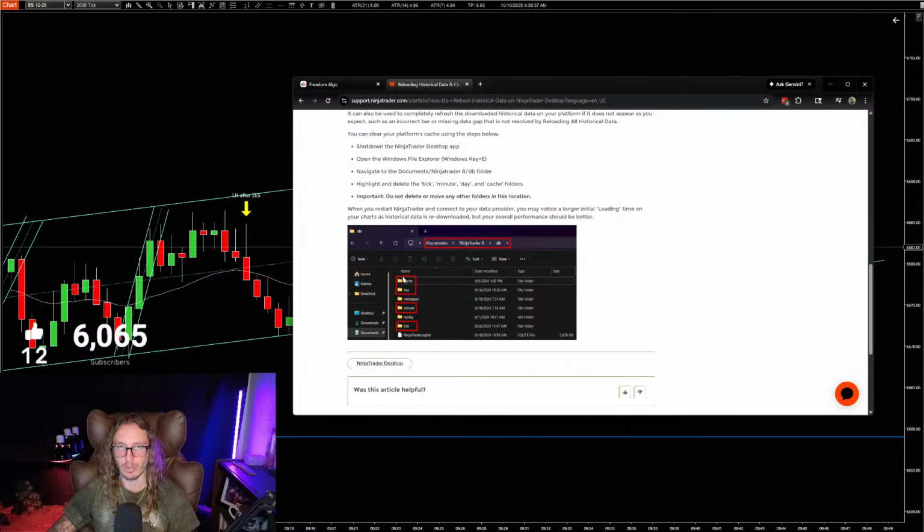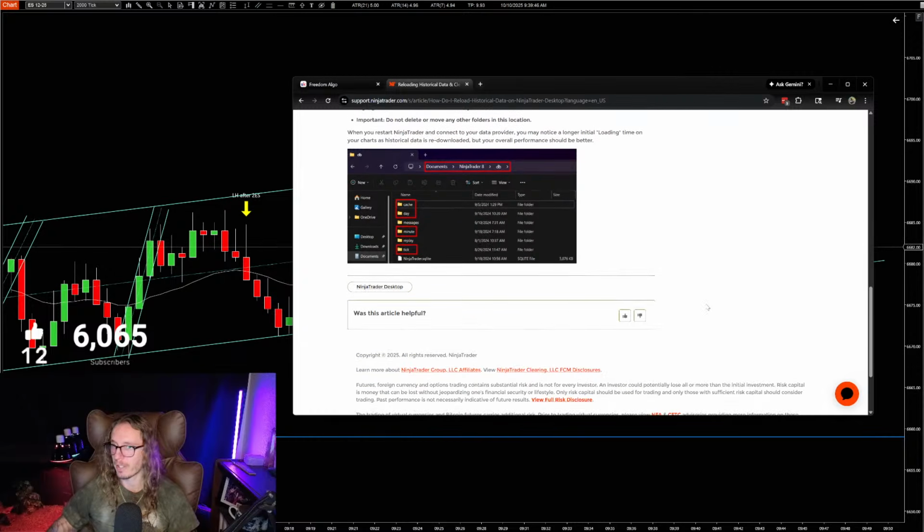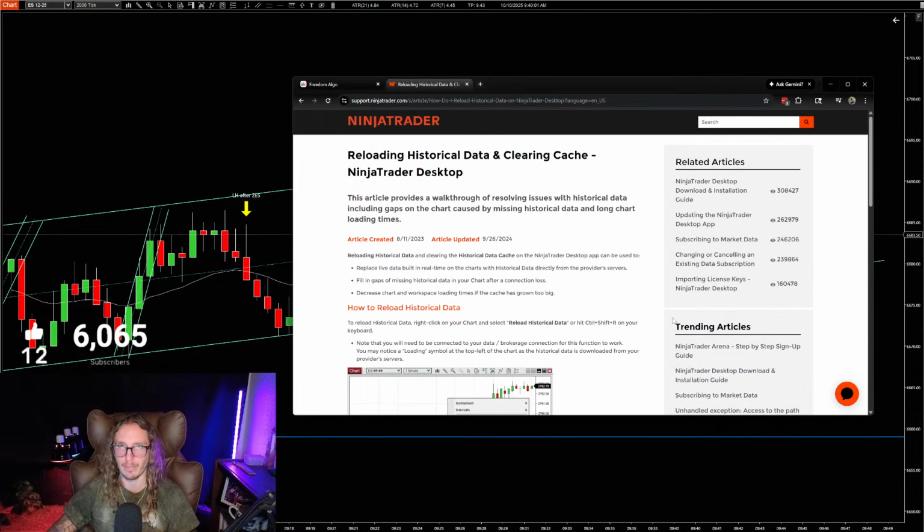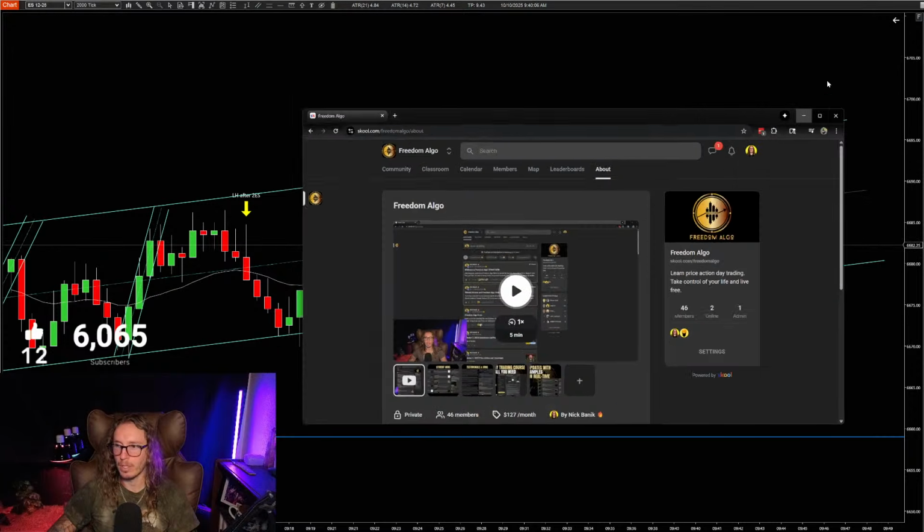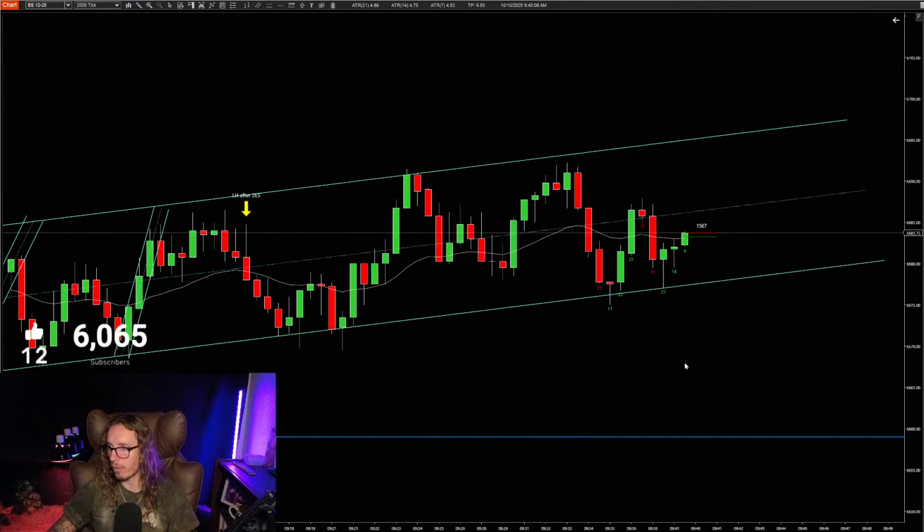Once you reopen your chart, it will recreate those folders for you, and they'll be fresh. Because they will accumulate tons of files over time, become huge folders, and bog down your chart. So that's something I do every few weeks or so, or if I'm having some sort of issue. Definitely do that. It will help you a lot.